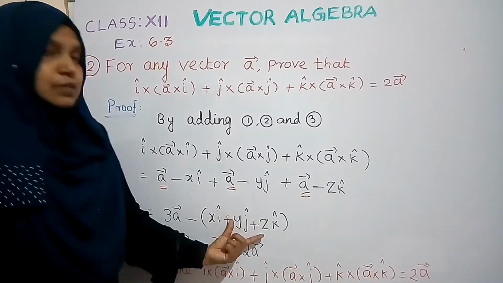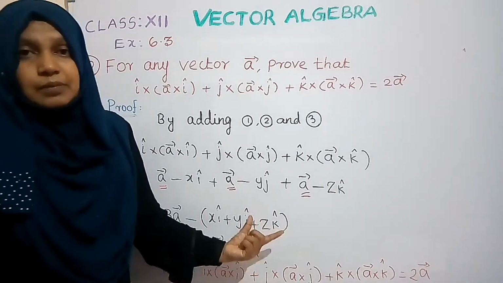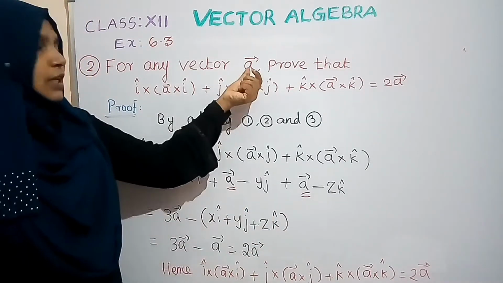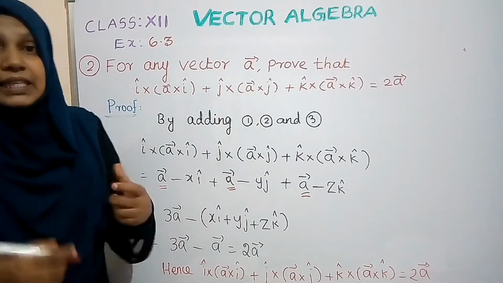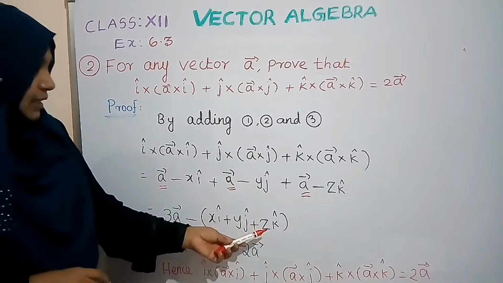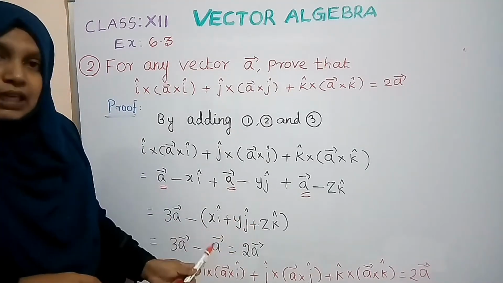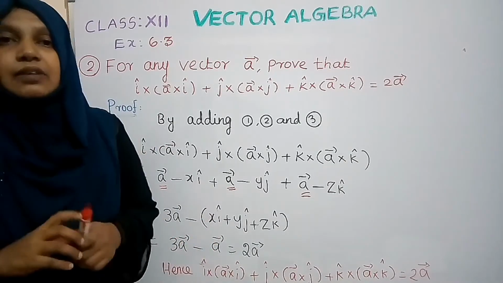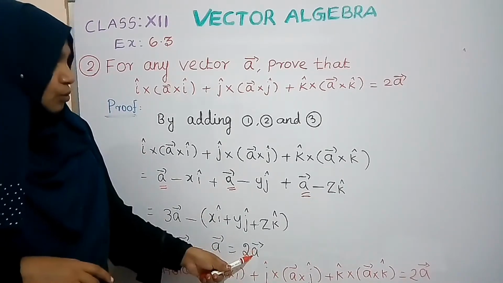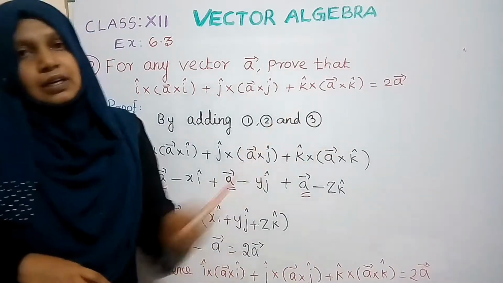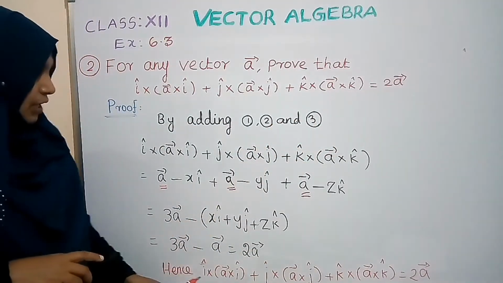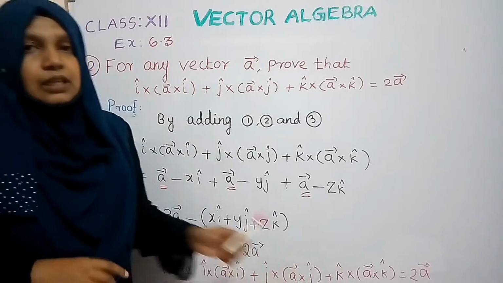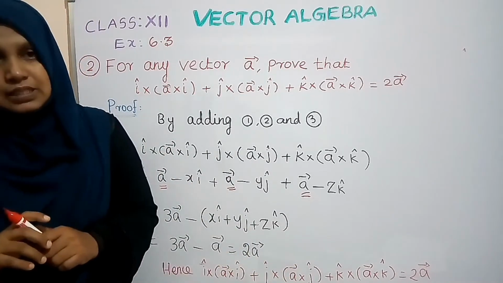This xi cap plus yj cap plus zk cap is nothing but our A vector. We assumed any vector A as xi cap plus yj cap plus zk cap. So this can be replaced by A vector again. Already we have 3a vector, so 3a vector minus A vector is 2a vector, which is our right side. So hence we are proving this result.